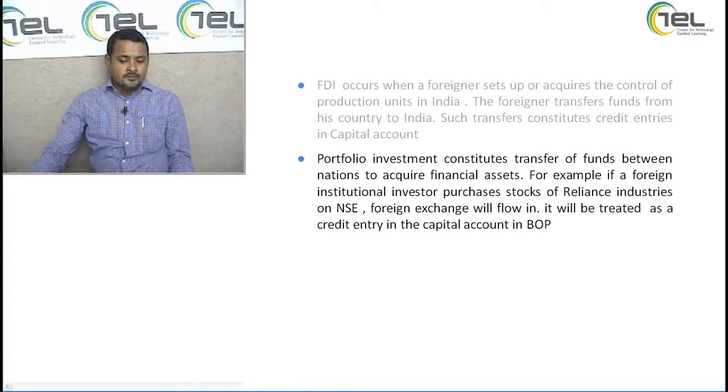So portfolio investment into India is regarded as a credit entry in the capital account of BOP. Similarly, when an Indian company invests in a foreign country through the stock exchange, that is going to be a debit entry in the balance of payment capital account of the Indian economy.